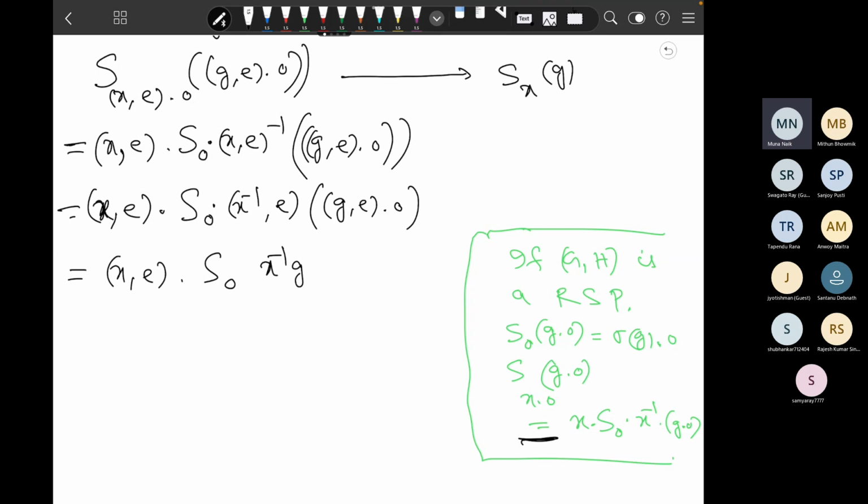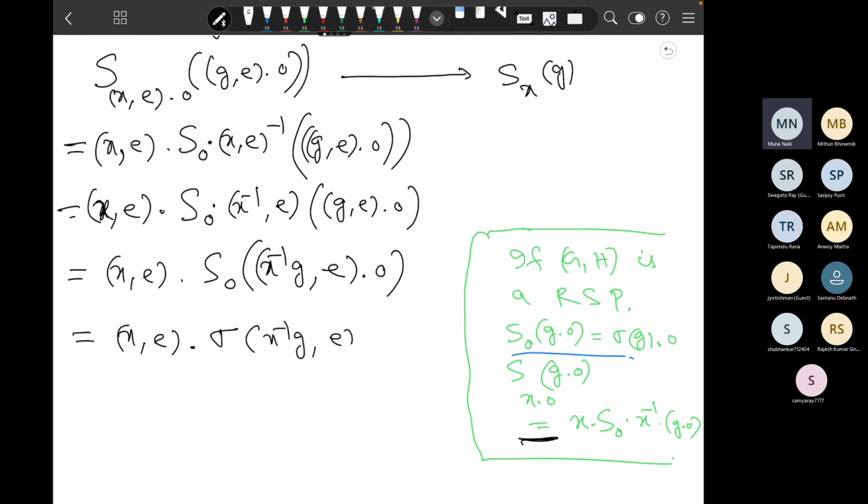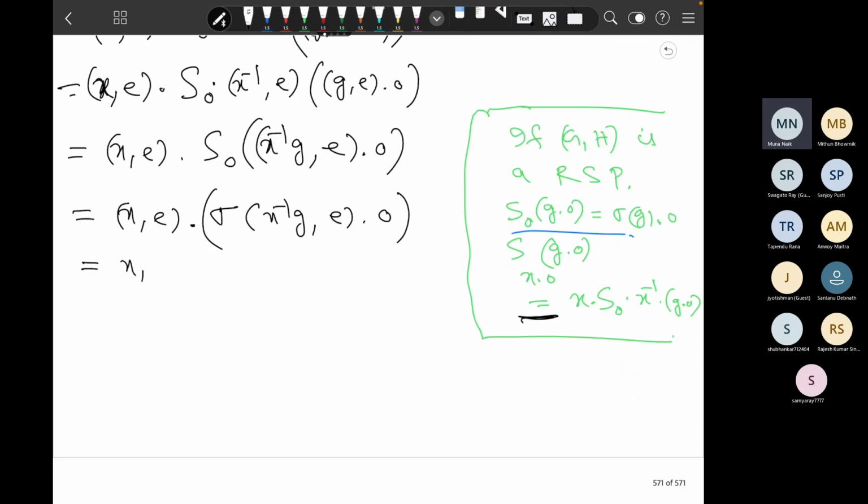So this will be X inverse G E dot O. So now you apply the first thing, XE dot SO X inverse G E dot O is the sigma of X inverse G E dot O. Okay. So sigma of X inverse G is really E X inverse G dot O.